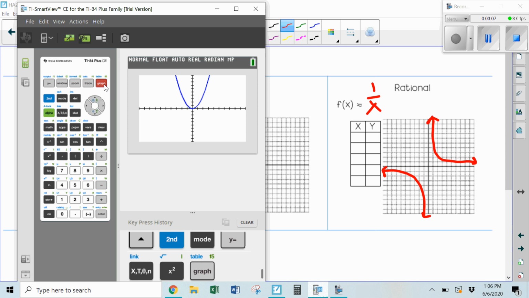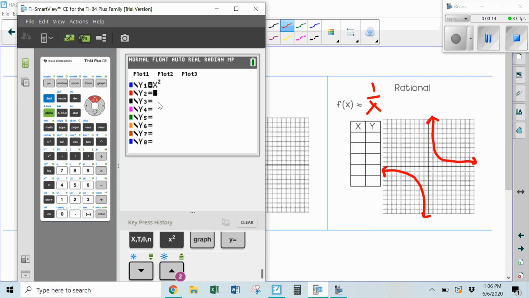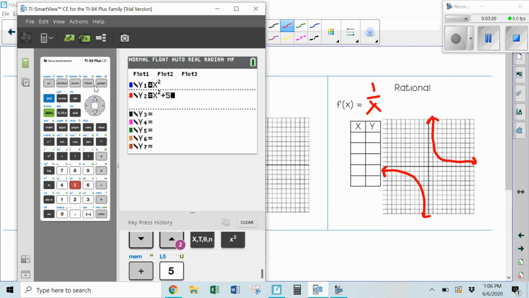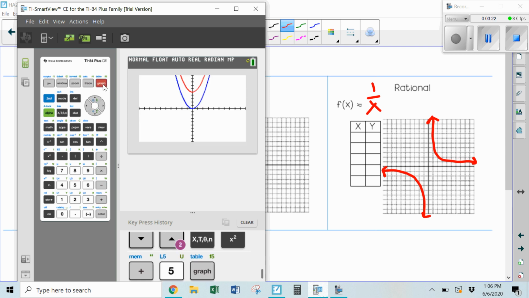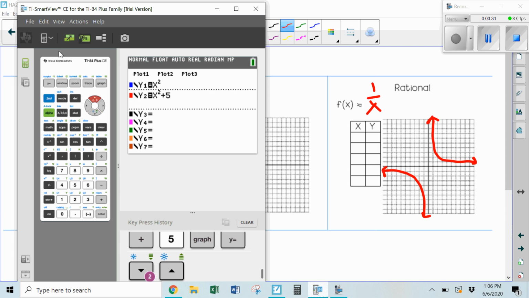There's your parabola. Now go back to y equals. And under the next one, I would like you to type x squared again, plus 5. Graph. Well, it took the same graph and just moved it up 5. Go back to y equals. Let's add another one there.